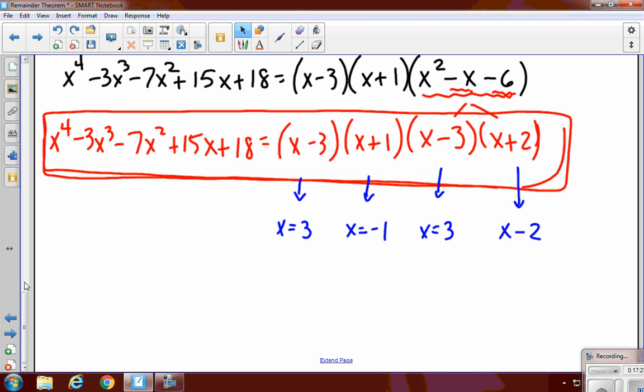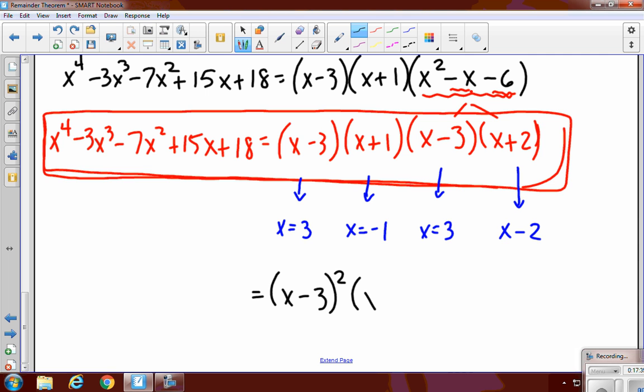It gives us a little bit more information. And this probably could be cleaned up a bit, these factors on the right-hand side. Since there's 2 x minus 3 factors, more likely you're going to see x minus 3 all squared, x plus 1, x plus 2, equaling this big quartic function that we started with.